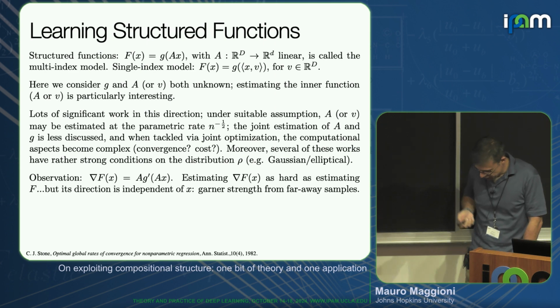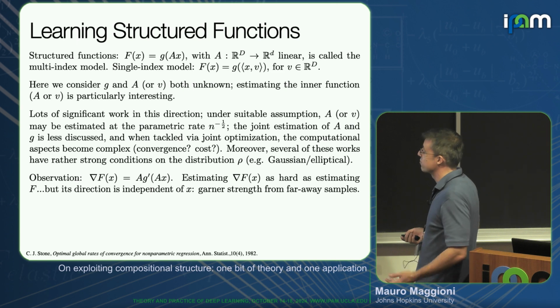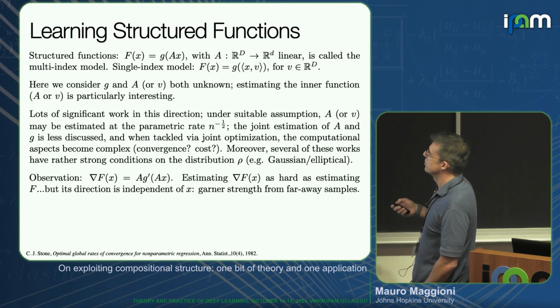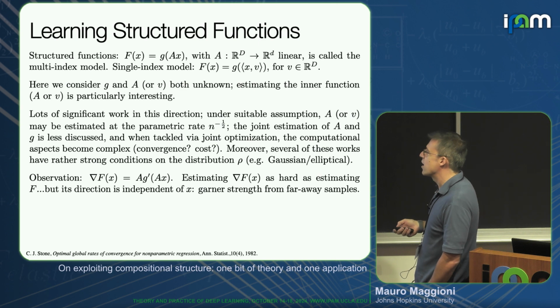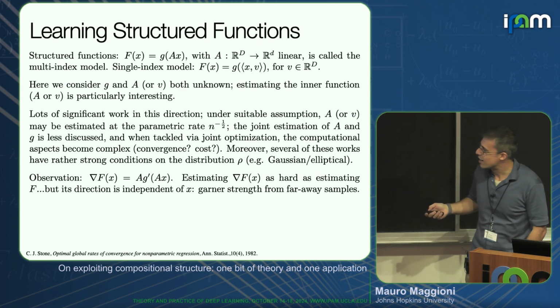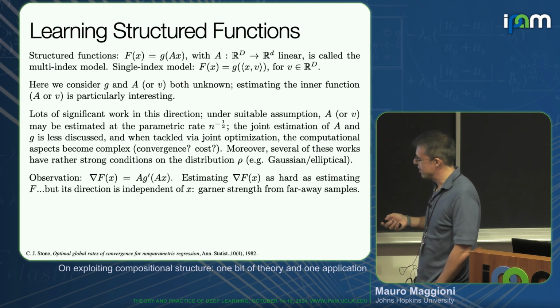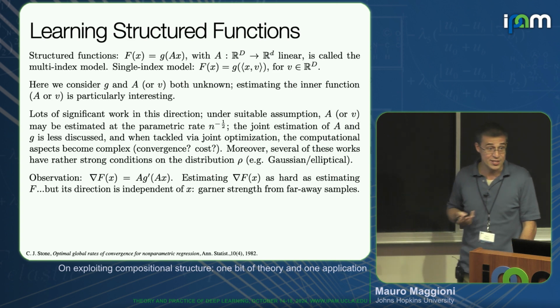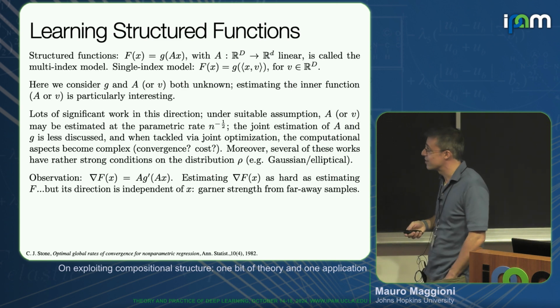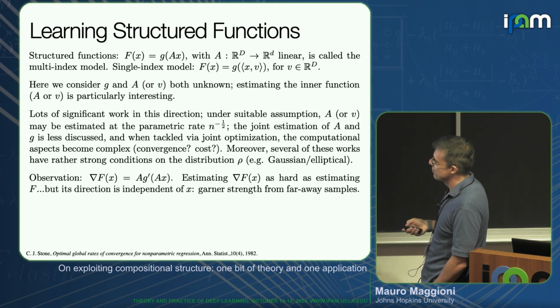But so basic observations about the single index model, the most basic observation of all is that, okay, we don't know V or we don't know A in the case of multi-index model. Well, if we take the gradient of F, that's just proportional to A, right? So A comes out. So if you could estimate the gradient, you get an estimate of A. Of course, estimating the gradient of F is as hard as estimating F. We're in very high dimension. But the point is that this gradient, yes, it's a function of X, but only through this number, right?